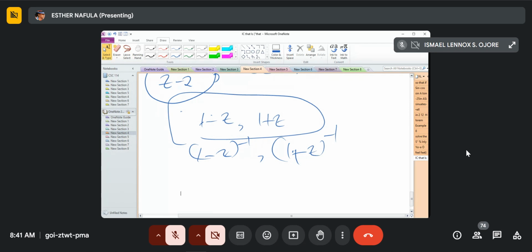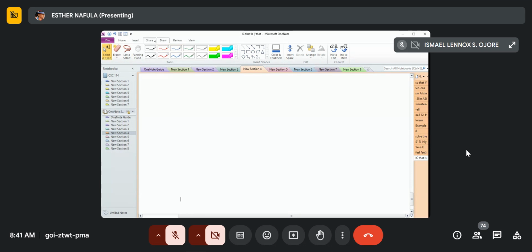We can now look at Laurent series, how to expand a function in Laurent series. Before I give an example, for Laurent, you will be given modulus of z, say, less than something.